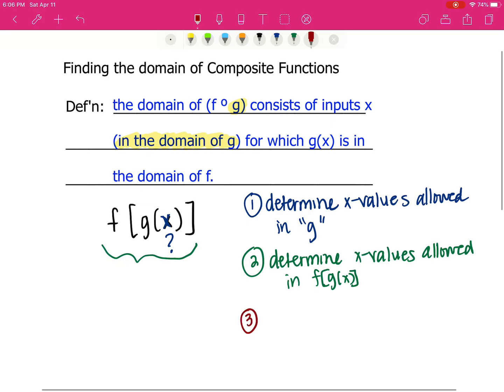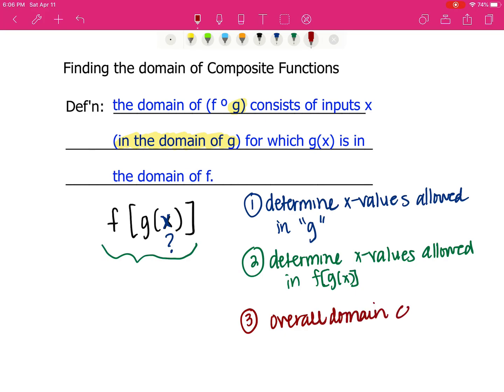And then your last step is, your overall domain cannot include values restricted from number 1 above.